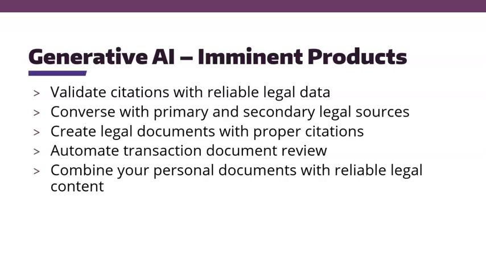So we expect to see a combination of a brief cite, a key cite or a cite checker, a shepherdizing, combined with the results of generative AI, all brought together to bring you a far more robust and reliable package. It's not quite here yet, but I expect it's coming very, very soon.